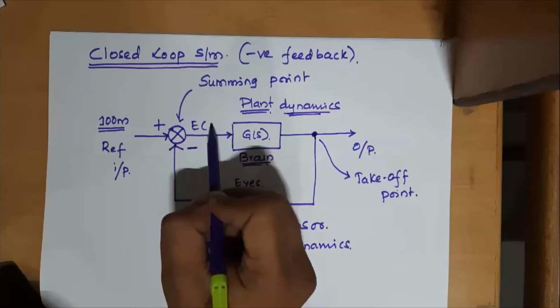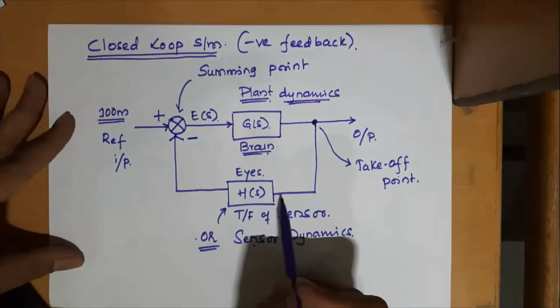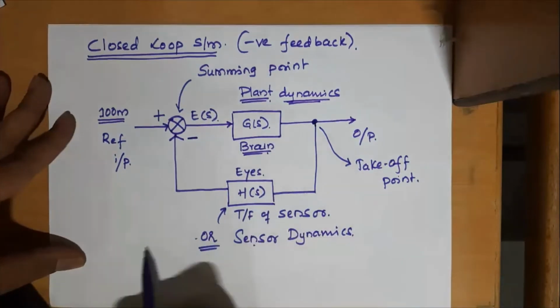So what is meant by sensor dynamics? When we go into a practical application of, say, robotics or something in power systems or power electronics, we often encounter a considerable delay in sending the feedback signals. Okay. So what is meant by that?